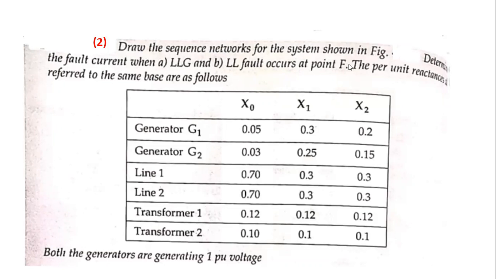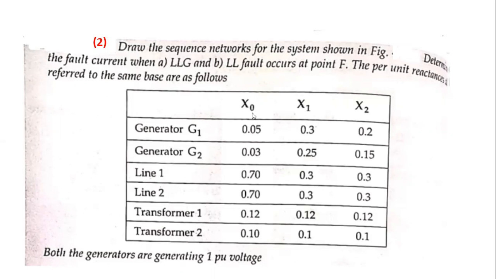First we draw the sequence networks. After that, we determine the fault currents. The fault is a double line to ground fault, which occurs at point F. The per unit reactances refer to the same base as follows. These are all per unit reactance values.